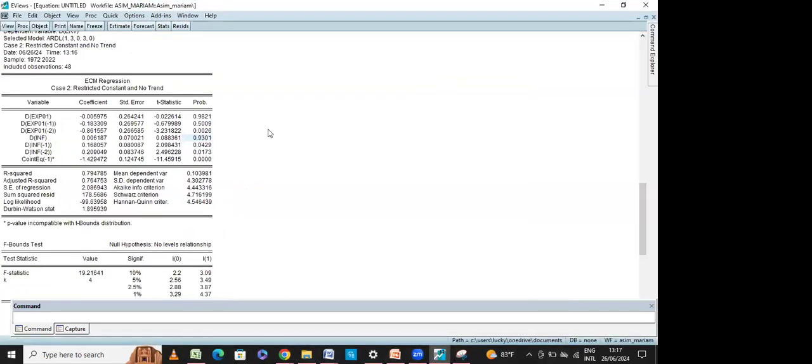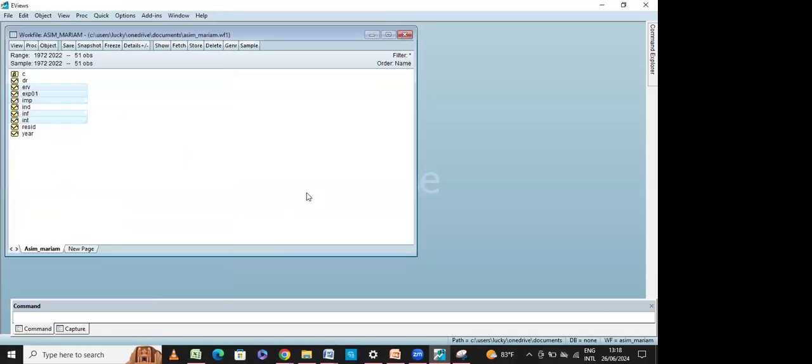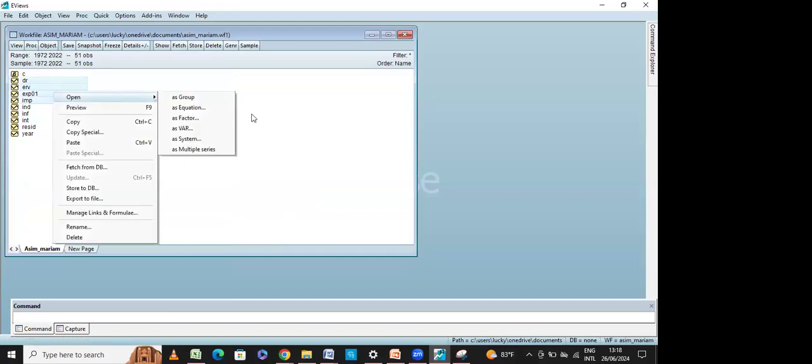Now, in EViews, we can also check a lot of other options. Some options with EViews, we can also check the Granger causality test and stability test. I'm going to explain the stability test now, how we can check it.